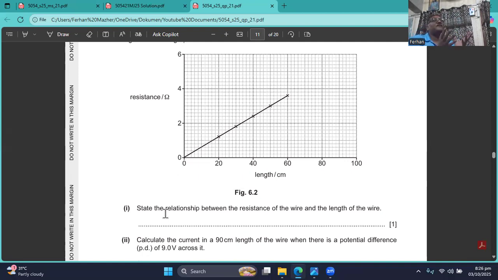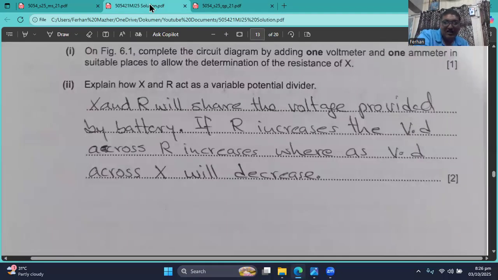In O level mathematics you studied the directly proportional and inversely proportional chapter. If the graph between two quantities passes through the origin and has a positive gradient, both are directly proportional to each other. Another way of saying this is that when you double the length, the resistance also doubles. So resistance and length are directly proportional to each other.